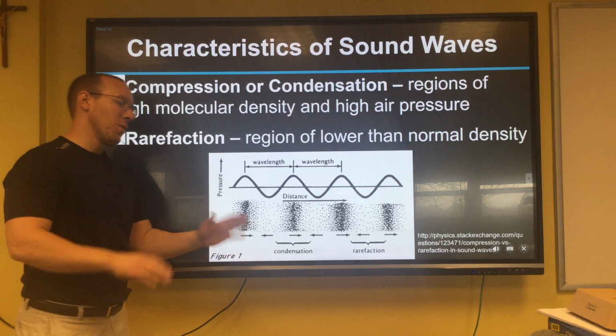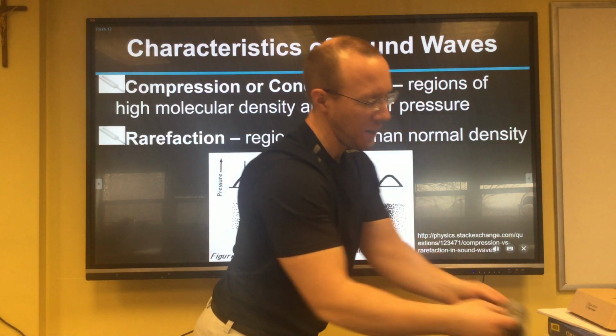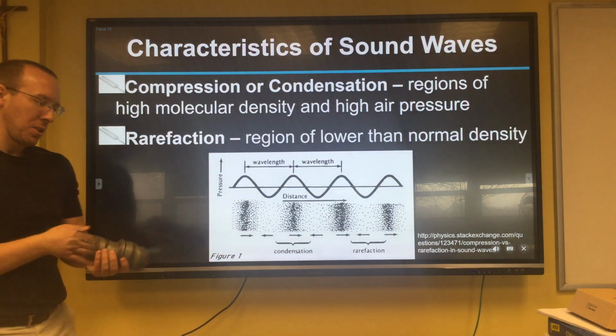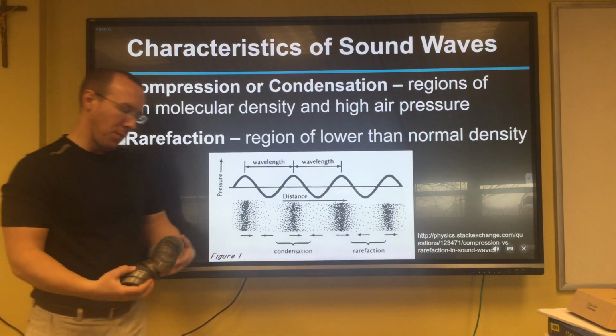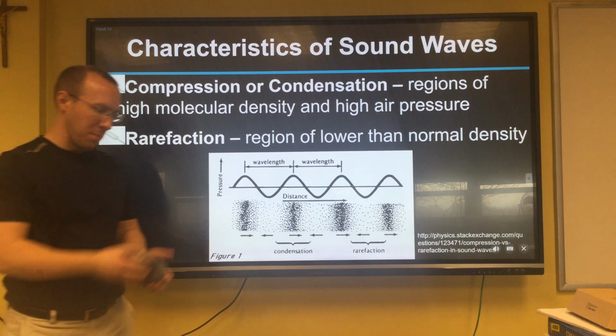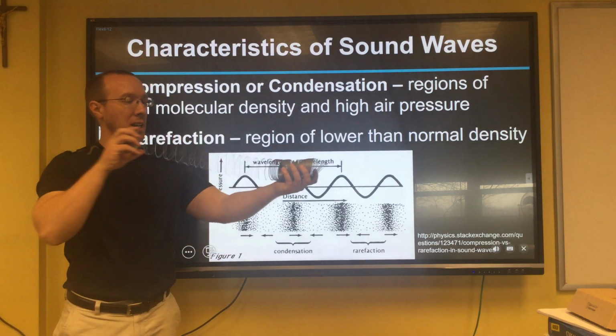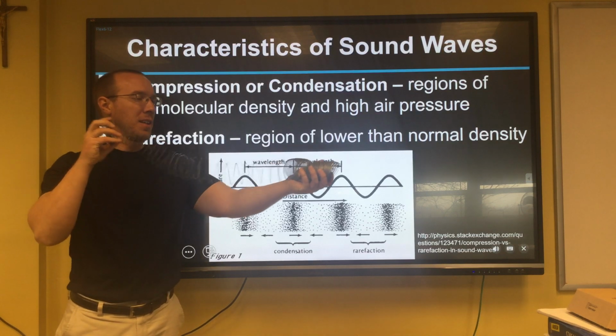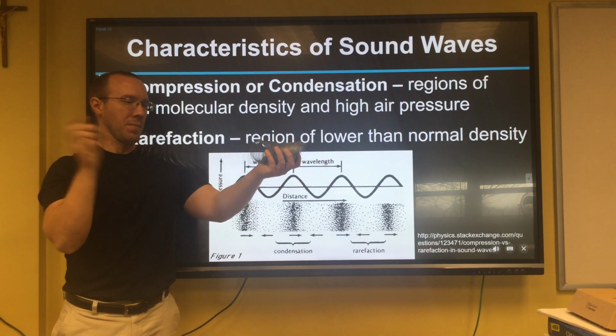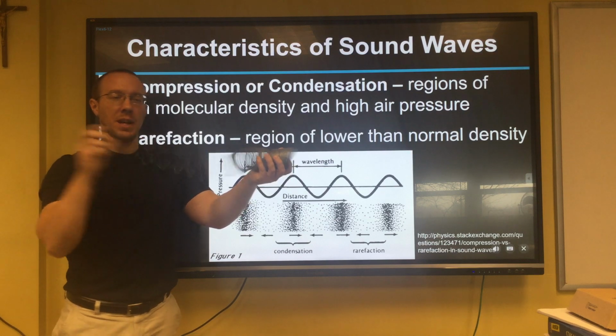Now, when we talk about compression waves or longitudinal waves, a good way to show is with that slinky. And so if we had this across two tables, it's really big, really big. And one student was holding it, and then the other student was just pushing back and forth. It's hard to even see it here. It's like this. That's how we'd actually do it.